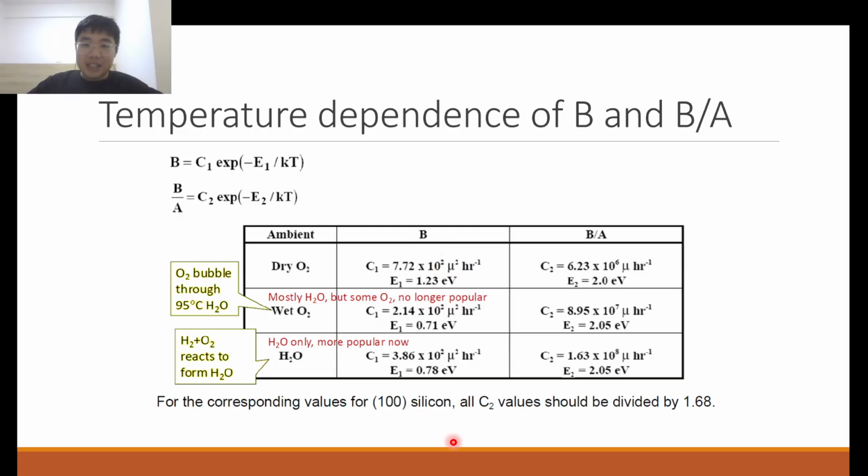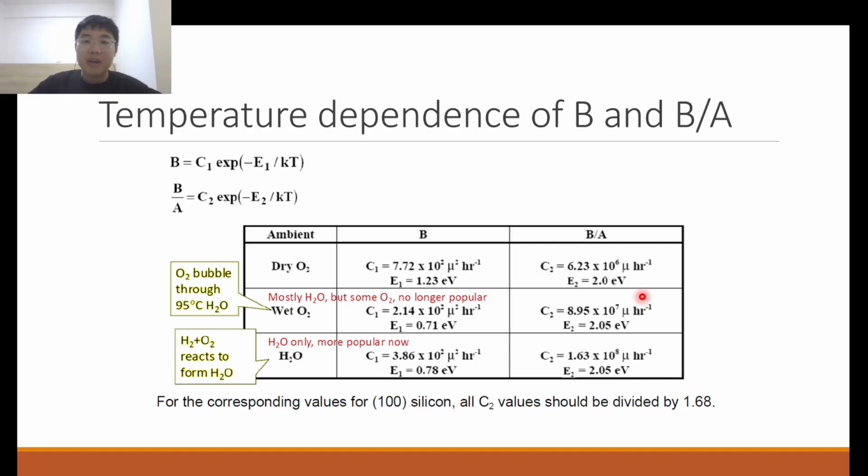And so we can see that when we use H2O, there is a much lower activation energy for the constant B, which is basically the diffusion control constant.